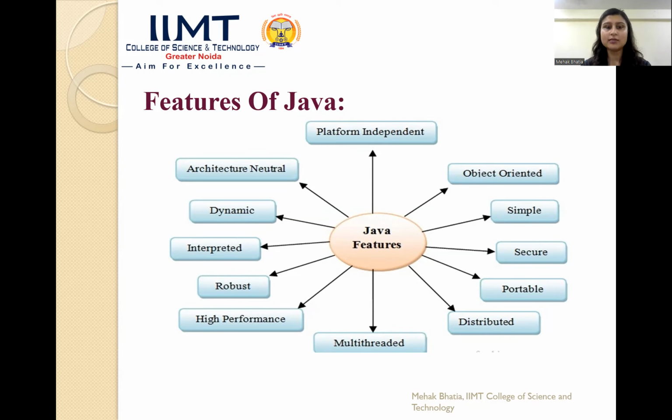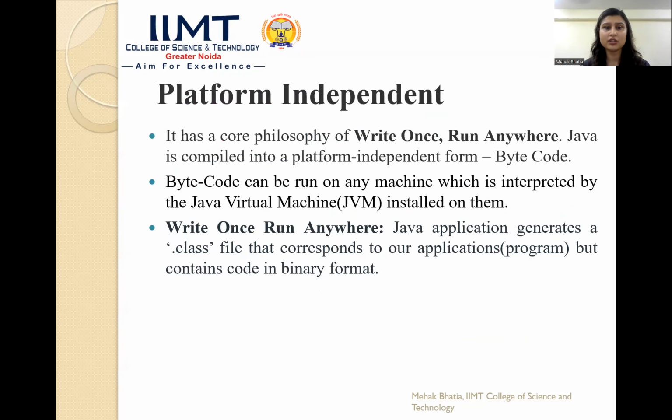Now let's begin with the very first feature of Java, which is platform independent. Java is a platform independent language. What does it mean? The core philosophy of write once, run anywhere is the main core philosophy of Java programming language. Java is compiled into a platform independent form, which is called bytecode.